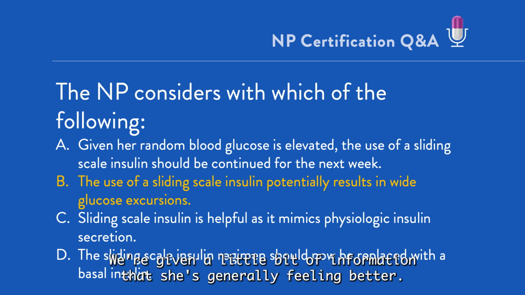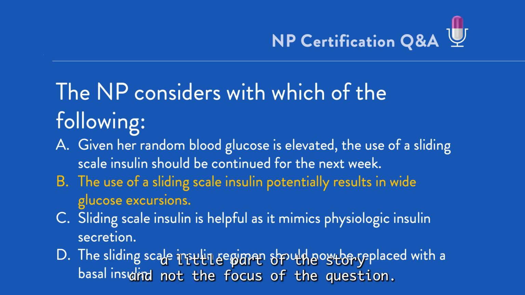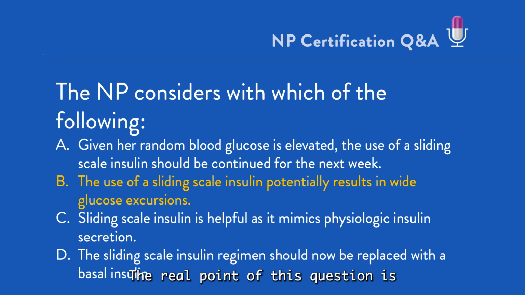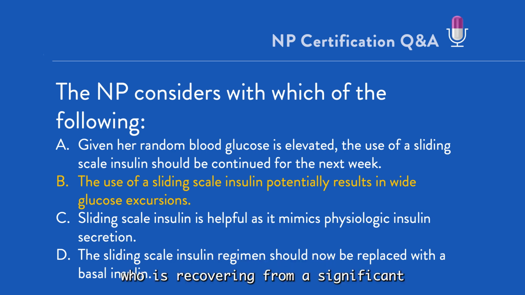We're given a little bit of information that she's generally feeling better, but again, pneumonia is really just a little part of the story and not the focus of the question. The real point of this question is, how do you manage blood glucose in somebody who is recovering from a significant episodic illness like a pneumonia?